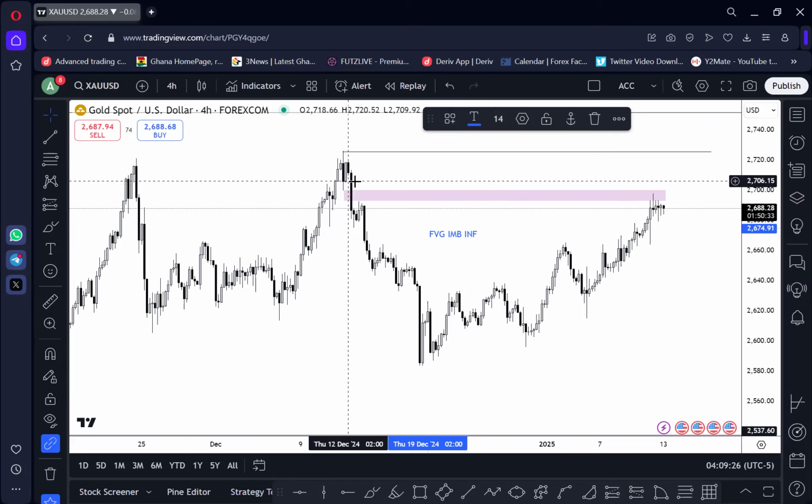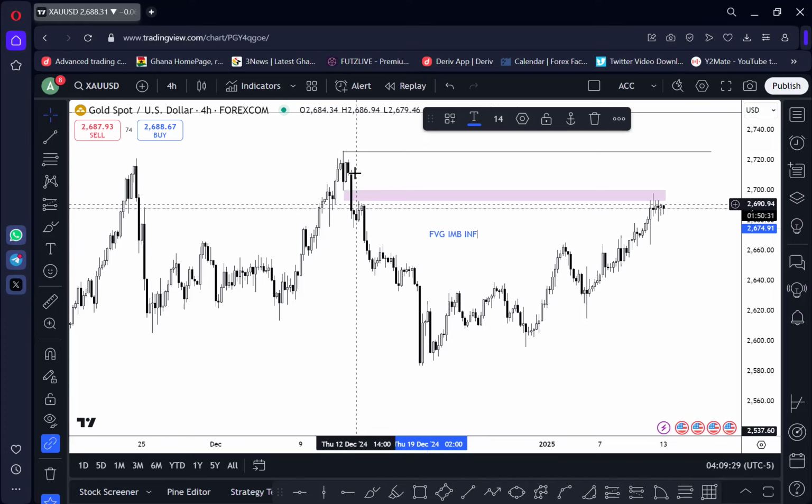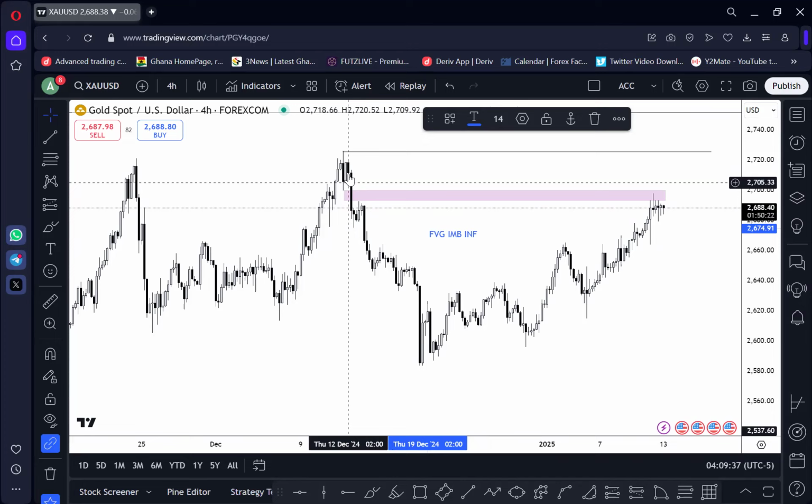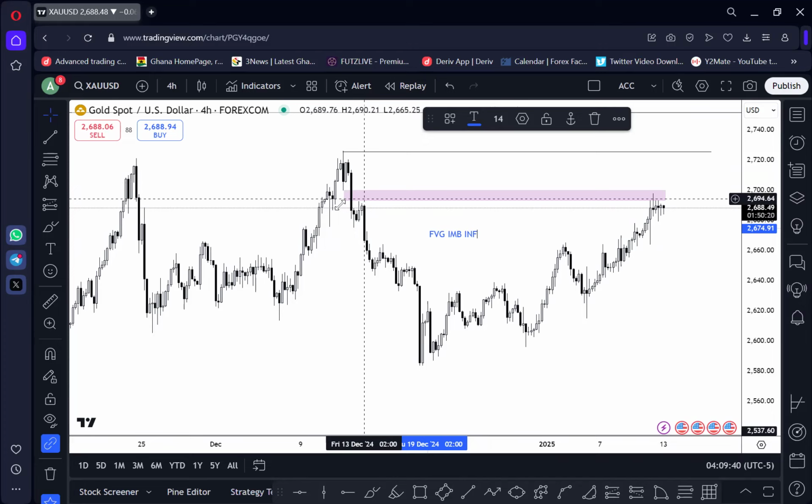That gap between them is what we refer to as the fair value gap, or an imbalance.